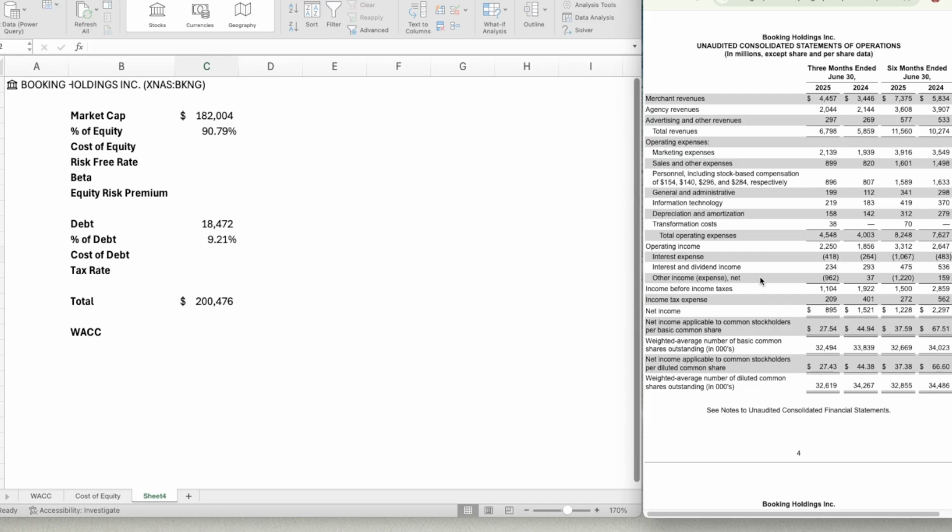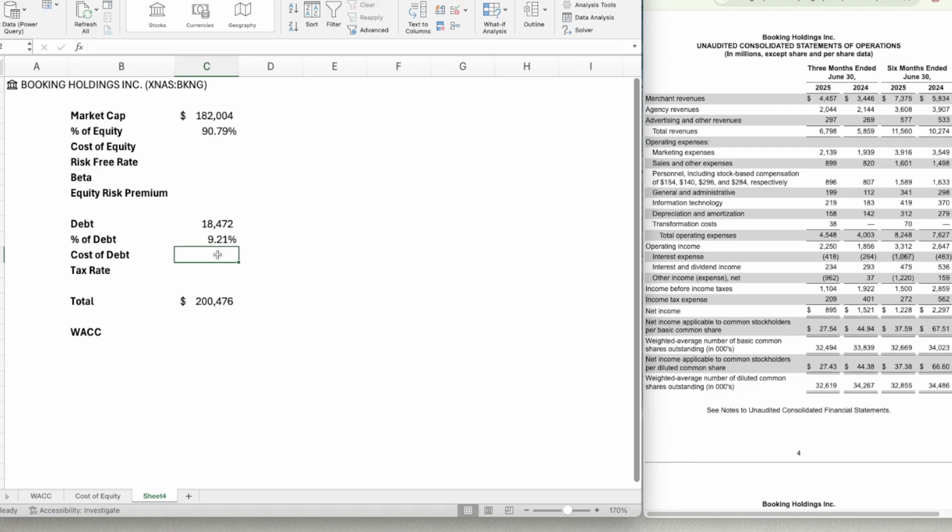And to work out the cost of debt, what we have to do is on the latest 10Q, which covers the financial statements up until June the 30th, we need to take this interest expense. Let's multiply it by 2 to get a full year figure because these are half year reports. This just covers the first 6 months of the year. So we'll do 1067 multiplied by 2, and then we divide that by the total amount of debt.